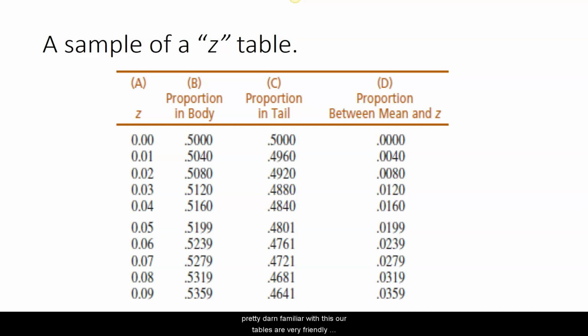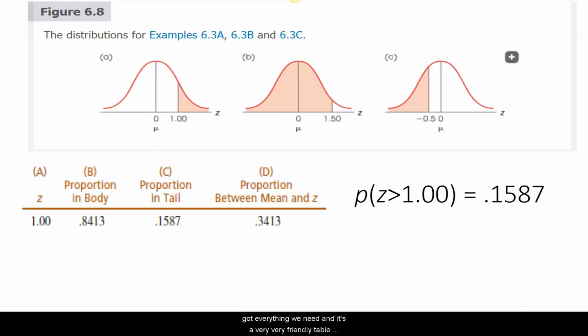Our tables are very friendly. Sometimes textbooks only have 2 of these 3 columns and let you do the math on the missing one. So for instance, I've seen tables with only B and D before, and you have to do the math on C. But we've got everything we need, and it's a very, very friendly table.